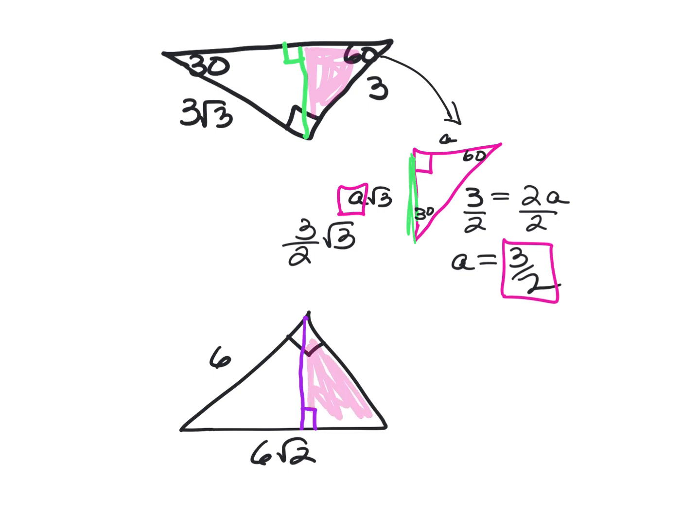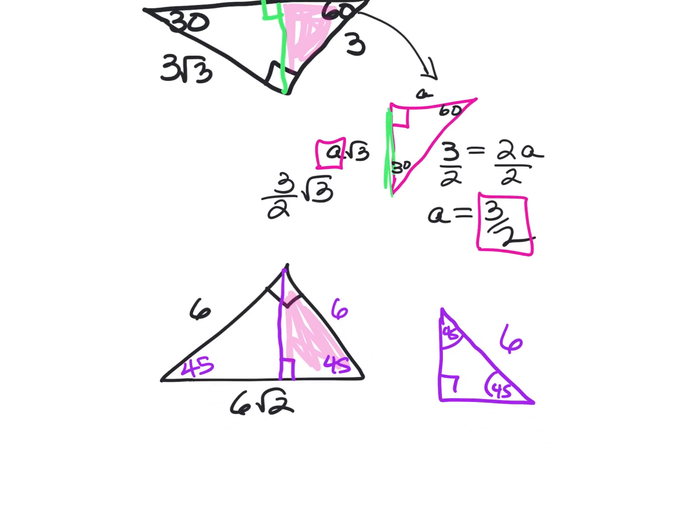Now, also, I knew that this was the 45, 45. So this one's 45, this one's 45. So now when I pull this purple one out, this is also a 6 here, and this is 45, so this one would be 45.